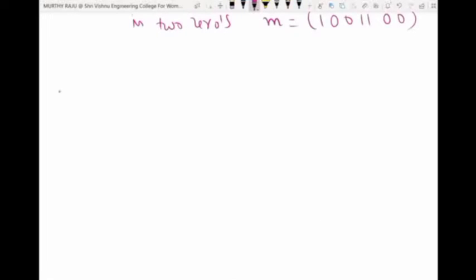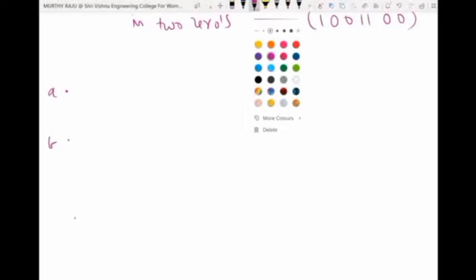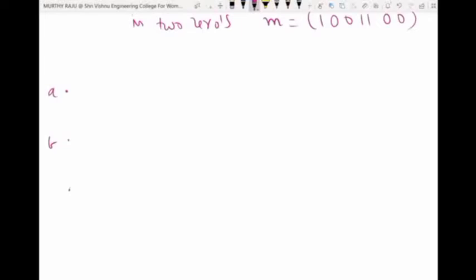Here the vertical axis represents the states: A, B, C, D.